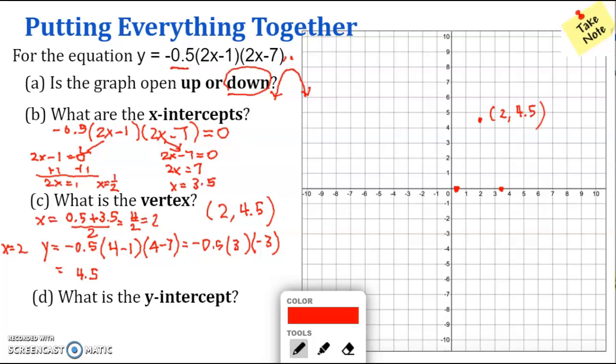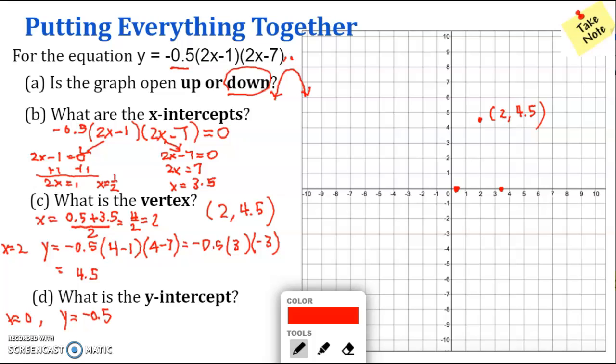Alright, lastly, the y-intercept. Okay, how do we figure out the y-intercept? For the y-intercept, we're going to use the fact that x is always 0. So you're substituting back into the original equation, finding when x is 0, what is the y value?